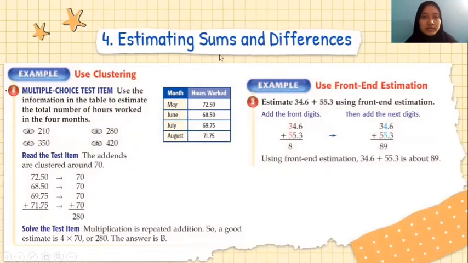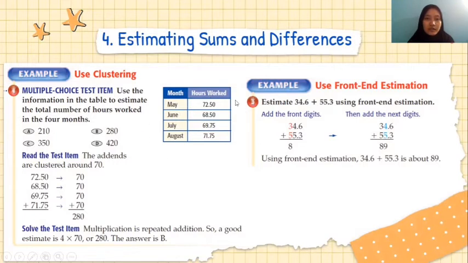Next, estimating sums and differences. First, multiple choice test item. Use the information in the table to estimate the total number of hours worked in the 4 months. The question is the total number of hours worked in the 4 months.